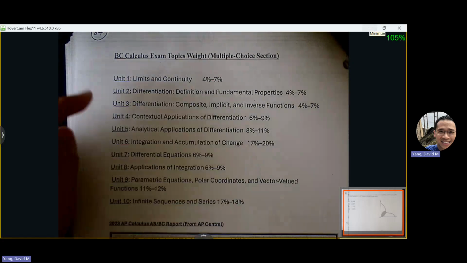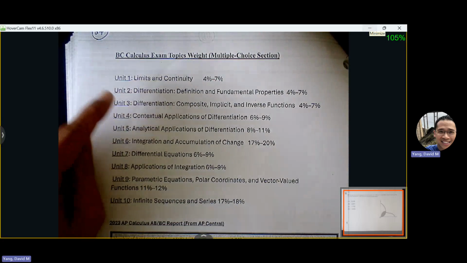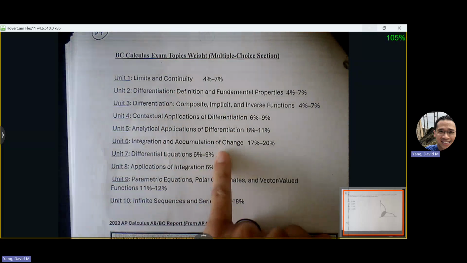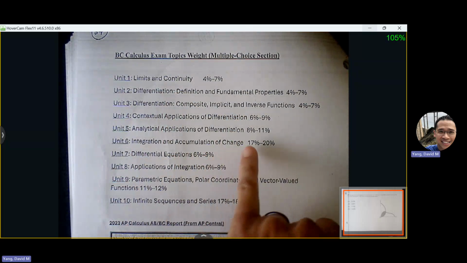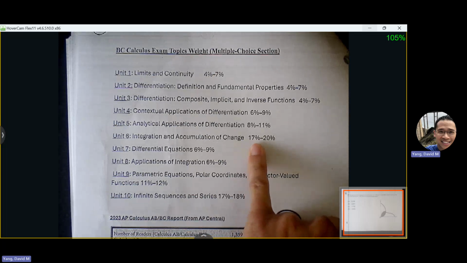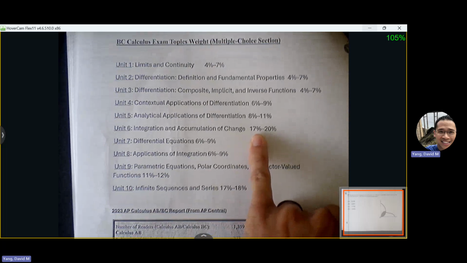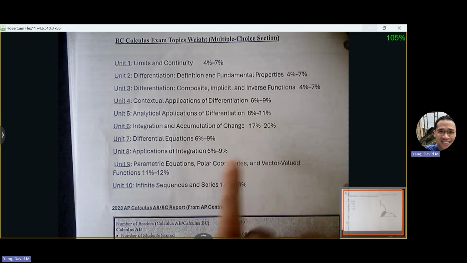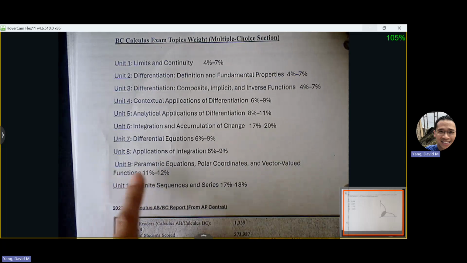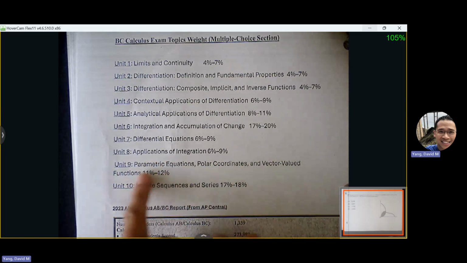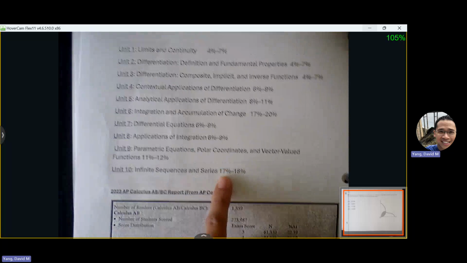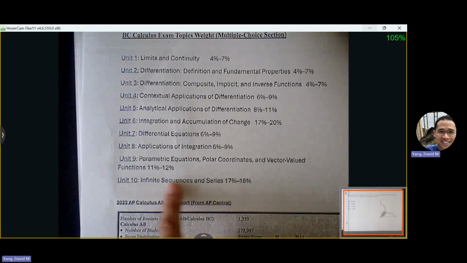It's the same length, so they're going to really cut down on limits and continuity. The largest area that is going to be tested is integration and accumulation of change, so a lot of integral problems. You're going to see that on the FRQs as well. And then parametric, polar, vector-valued functions, that's 11%, and infinite sequences and series, that's almost 20%. So we definitely are going to be expecting a lot of this on the AP exam.